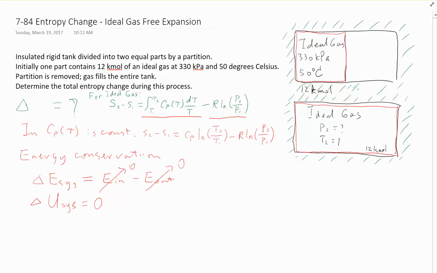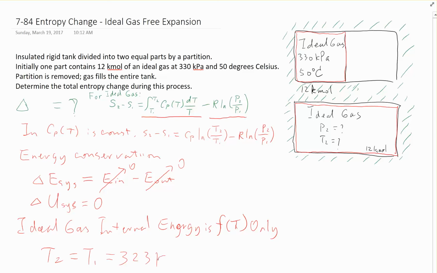Remember, this is an ideal gas, and the ideal gas internal energy is a function of temperature only. So if the system's internal energy change is 0, then T2 is equal to T1, which is 323 Kelvin.